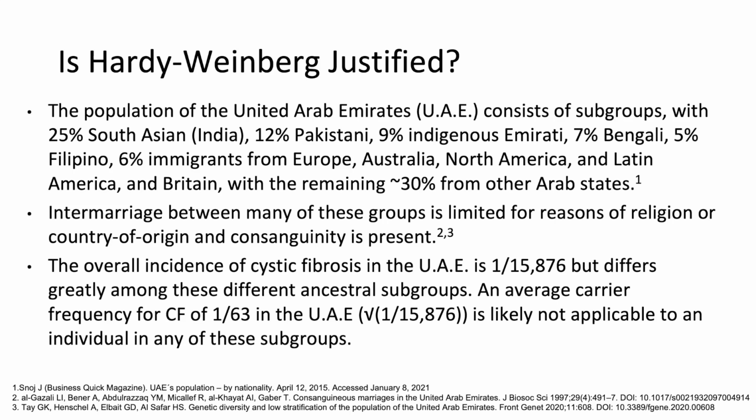The overall incidence of cystic fibrosis in the United Arab Emirates is 1 in 15,876. That's great, but that's just this average. That differs greatly among these ancestral groups. An average carrier frequency of CF of 1 in 63, which is the square root of that 1 in 15,000, is likely not applicable to any individual in any of these subgroups.